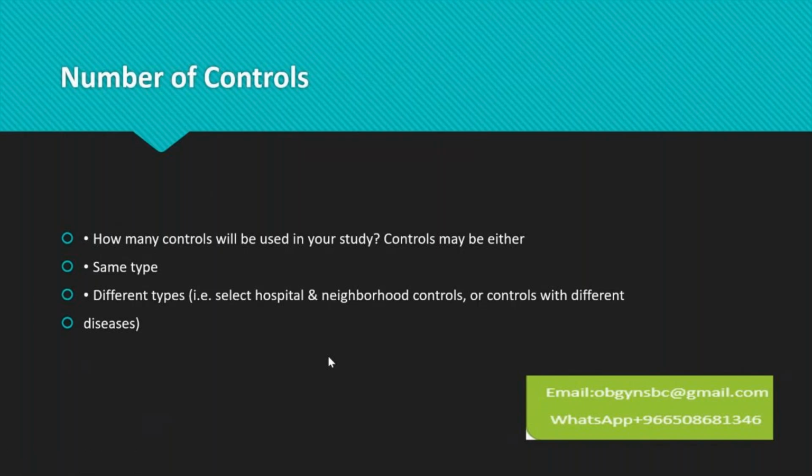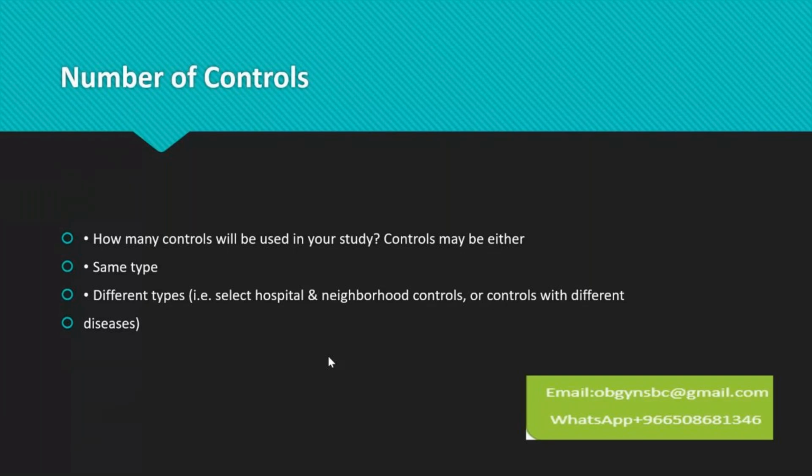So how many controls should there be? Roughly, if you want the data to be robust, if you have one case, then you should keep three controls for that patient, to be sure of the difference between the cases and the controls.